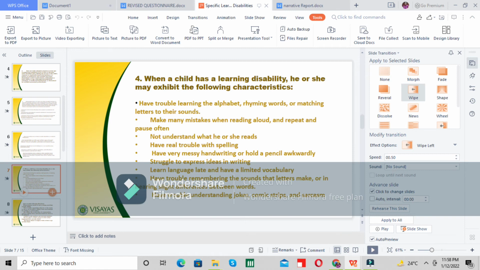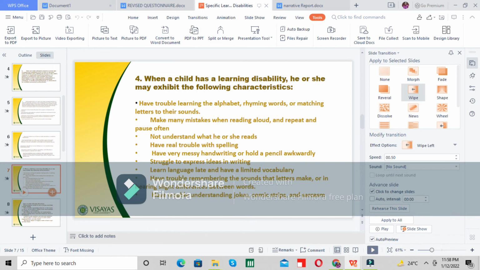The first one is having trouble learning the alphabet, rhyming words, or matching letters to sounds. Then, making many mistakes when reading aloud, and repeating and pausing often. Then, not understanding what he or she reads. They have low comprehension.